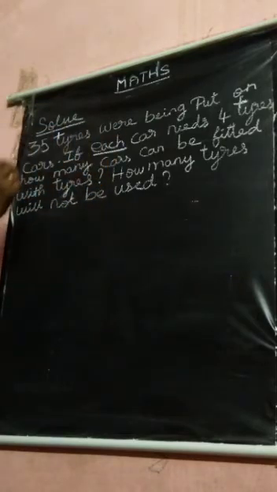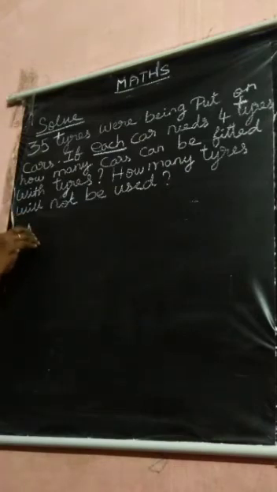How many tires will not be used? The total number of tires is given, 35. 35 tires were being put on cars. If each car needs 4 tires, how many cars can be fitted with tires? How many tires will not be used?